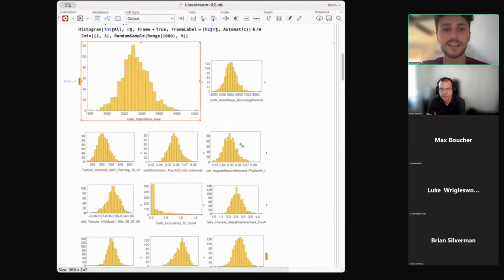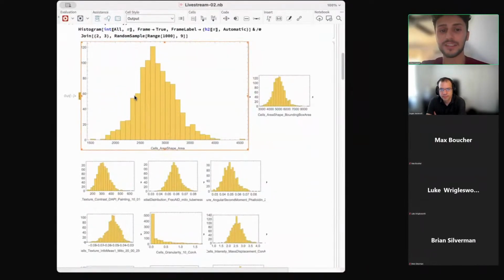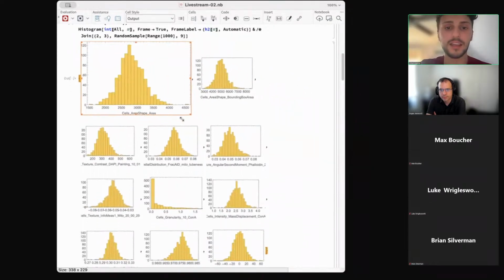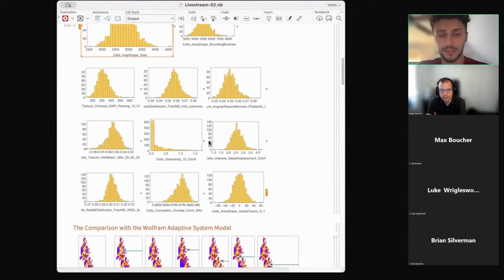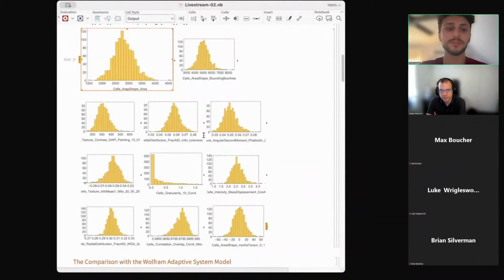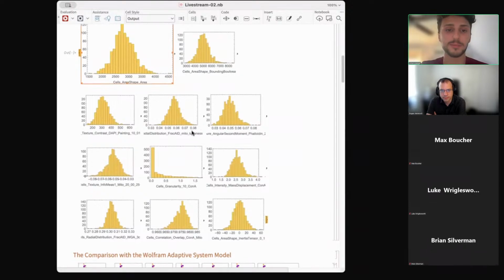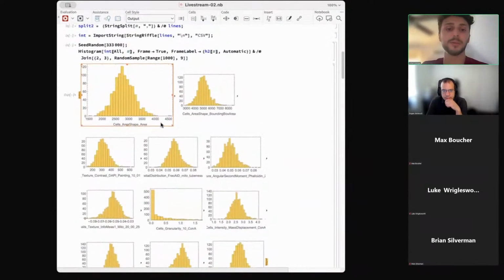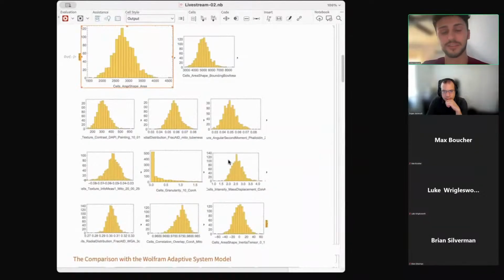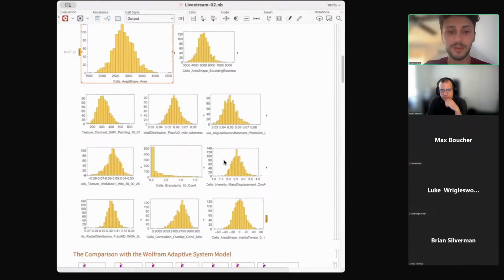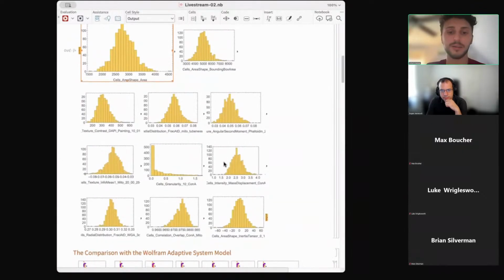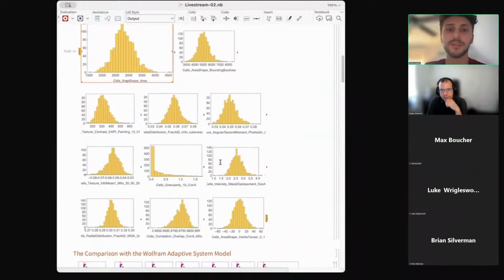For example, this is the area of the cell in response to different single gene perturbations. What was striking to me looking at this data, and I'm going to collaborate further to understand it better, is just how smooth the distributions are, which is a little bit different to what we've seen with our models. So I'm looking to make sense of that.